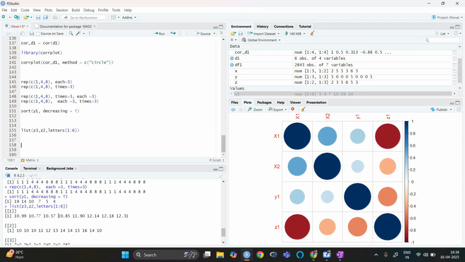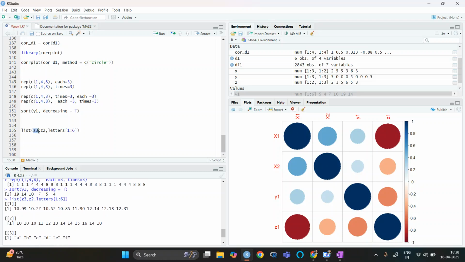For the list, what you need to do is just give 1, 2 and 3, and whatever vectors you give, it does not matter the length of it, it will just give you in that first, second and third form. So you can have different lengths, and you can have the same length also.